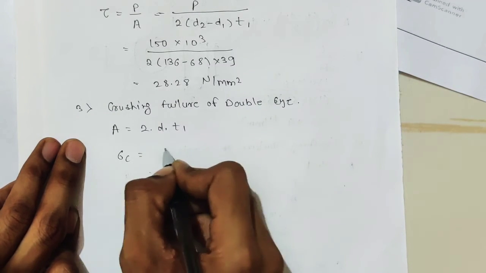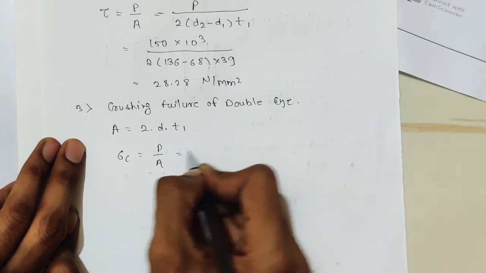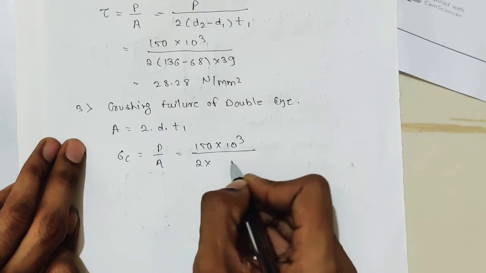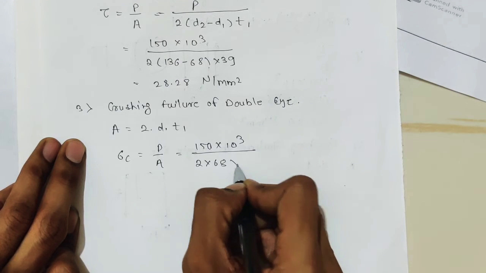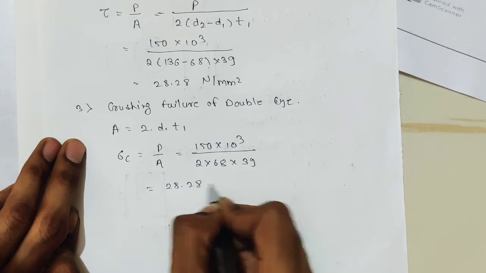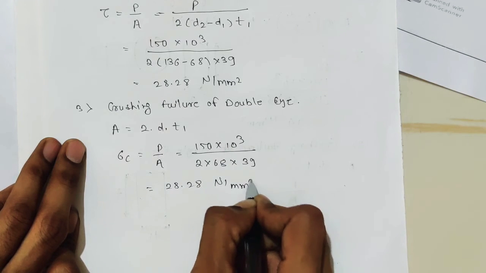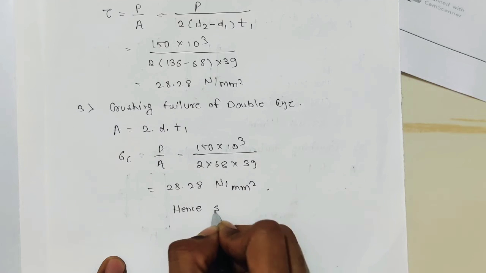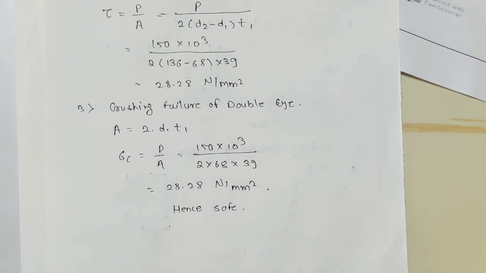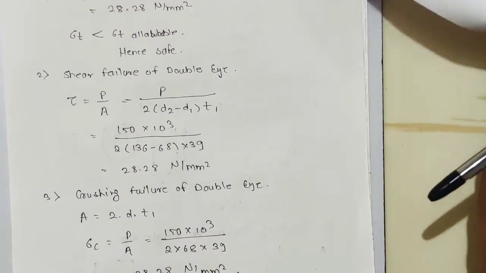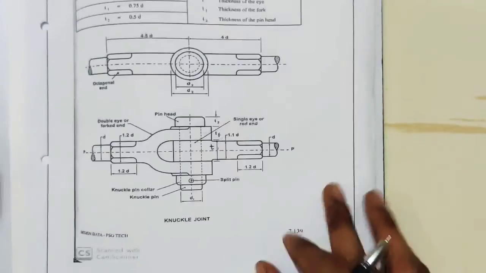So sigma c is P by A, 150 into 10 raised to 3 divided by 2 into d1, which is 68, into t1, which is 39. Again it will be 28.28 Newton per mm square. Hence safe. So we have designed the knuckle joint using PSG.